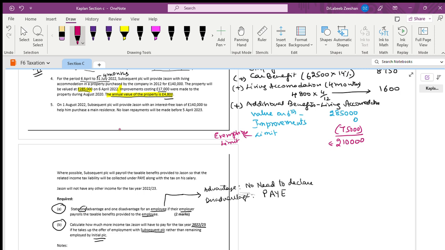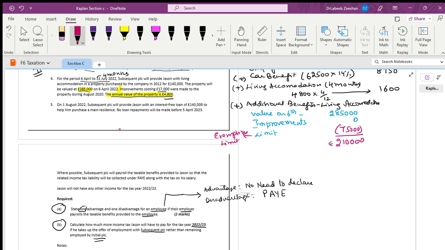We have to take into consideration the benefit for how much? The benefit for 2 months. Oh, sorry, the benefit for 4 months. Understand? Benefit for 4 months at the rate of 2%.